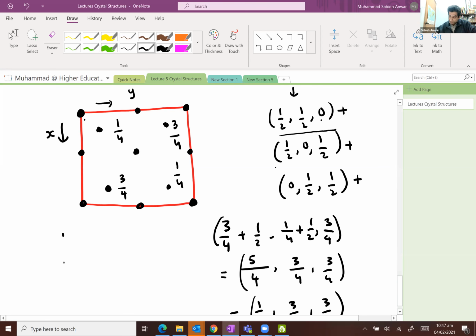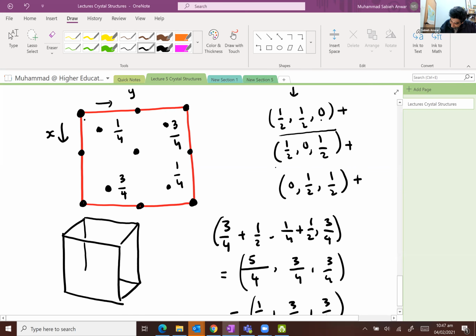Let me try to make an attempt to draw this in 3 dimensions. I'm just attempting. I may succeed, I may fail. Atoms here. Face centered, right?